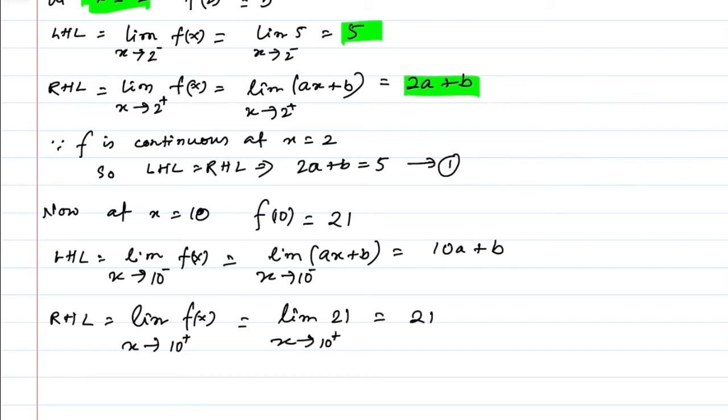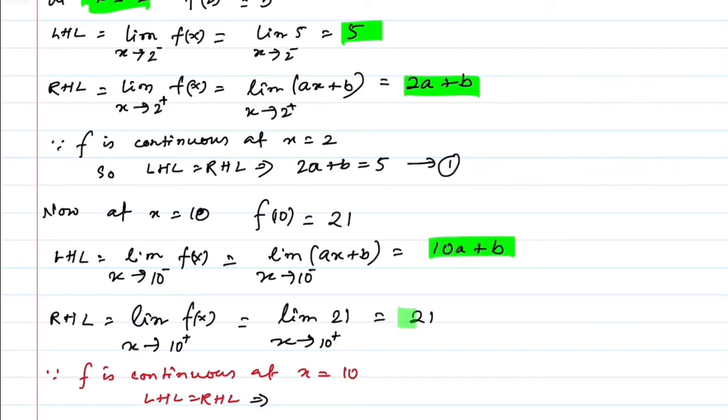Now, since f is continuous at x is equal to 10, the left hand limit must be equal to the right hand limit, which implies 10a plus b equals 21. This is equation number 2.